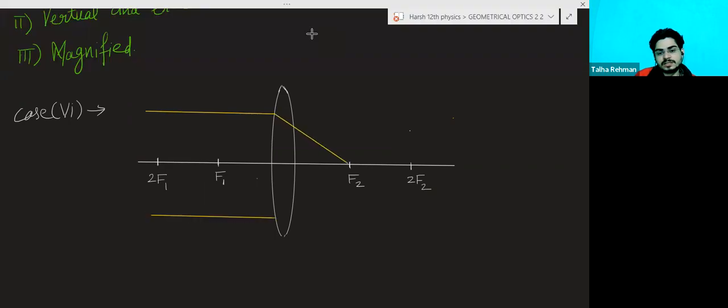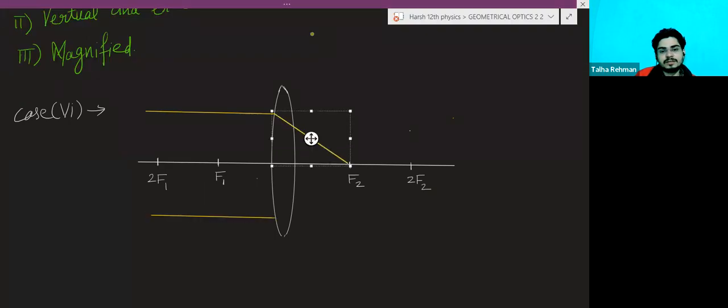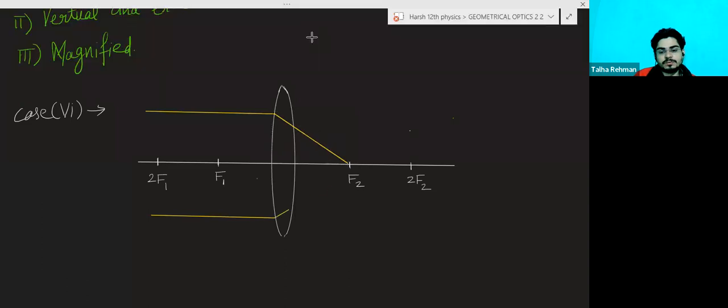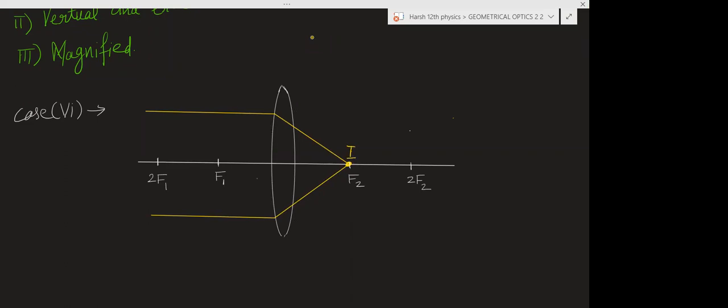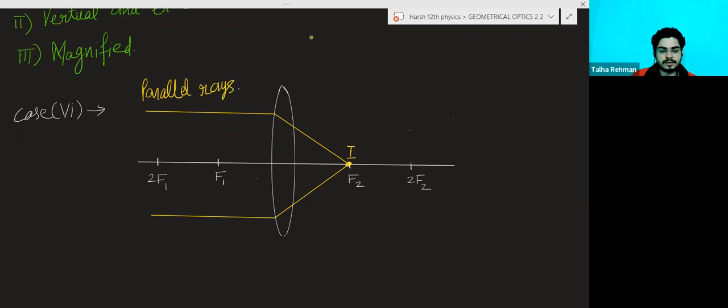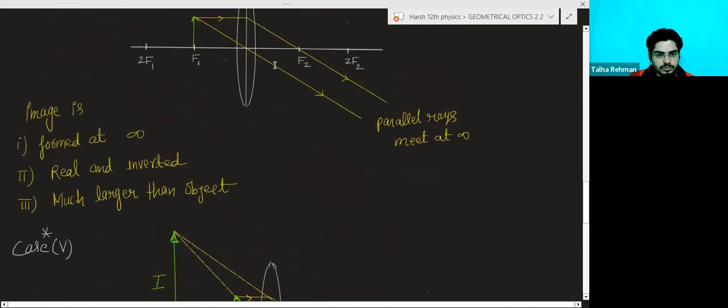So there is a relationship between the focus and infinity. Whenever the object is at infinity, the image will form at focus, and whenever the object is at focus, the image will form at infinity. So these are parallel rays.